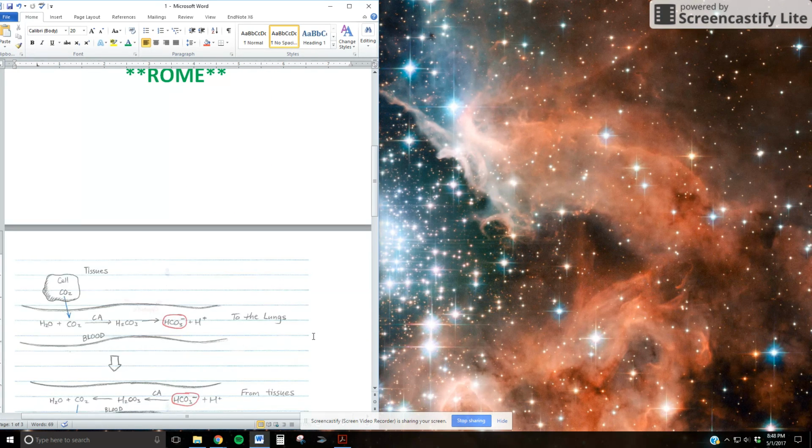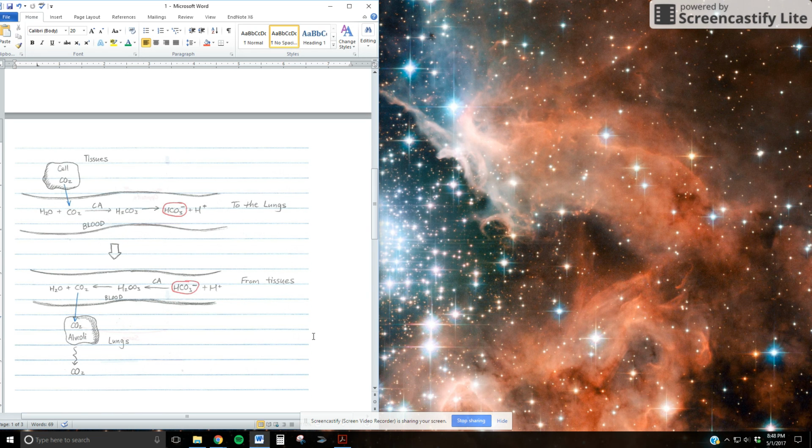The reason I think it's a good idea to think about this in your head is what's going on in the physiology. Here we have a simple diagram where in your tissues, your cells are undergoing aerobic respiration and producing CO2.